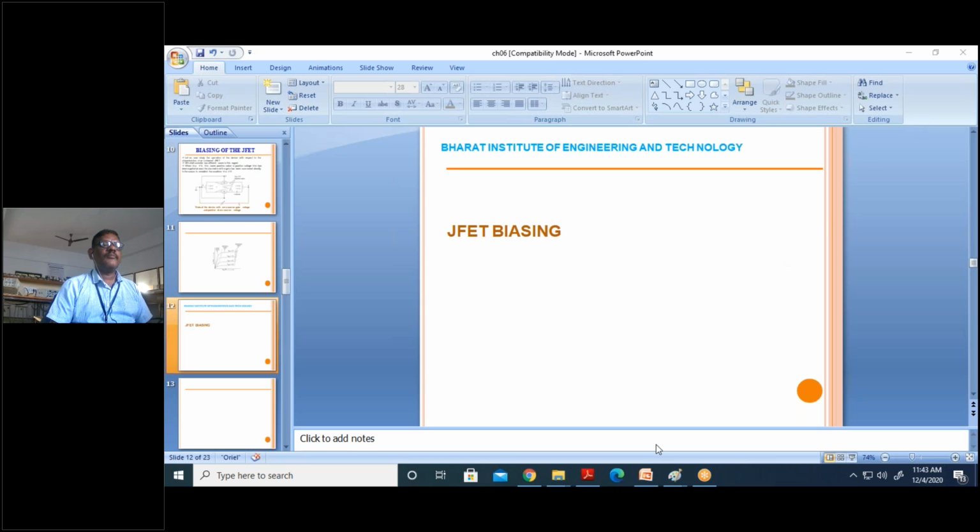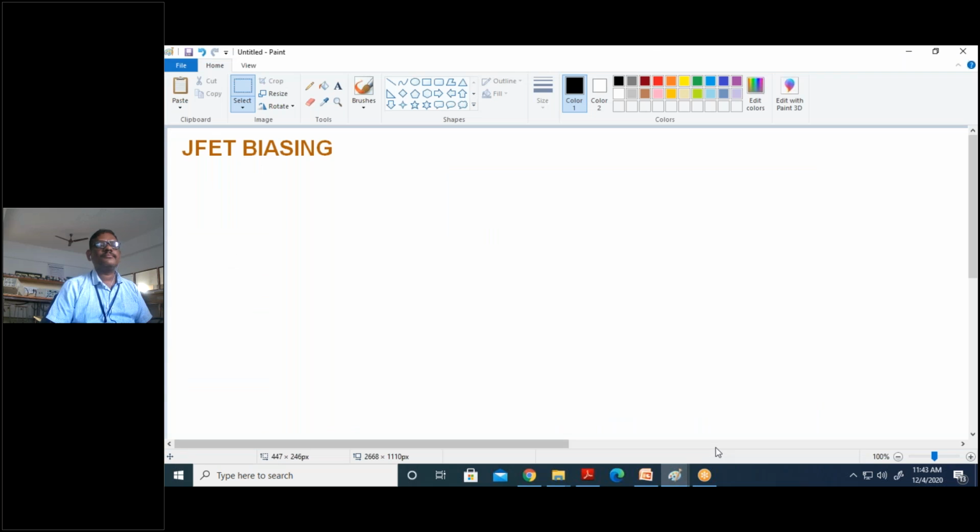In the circuit diagram, JFET biasing, voltage divider bias circuit.